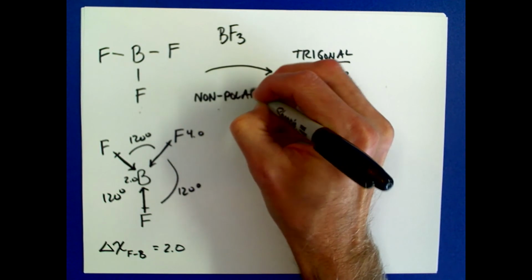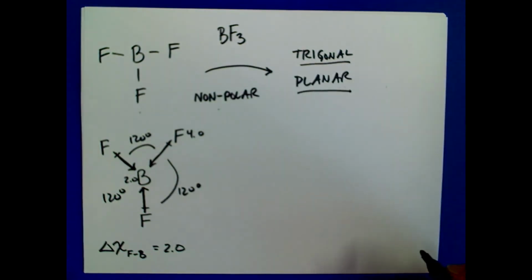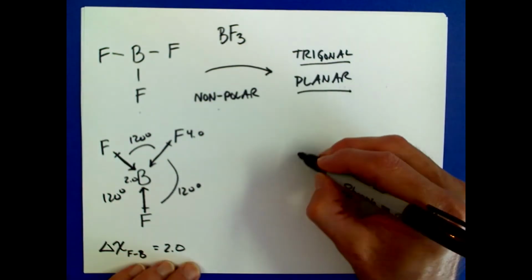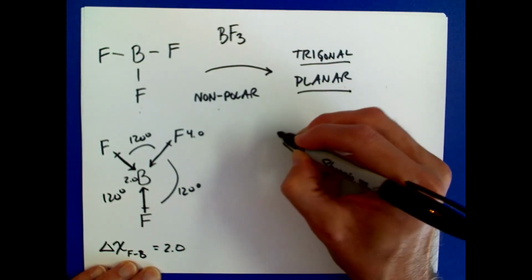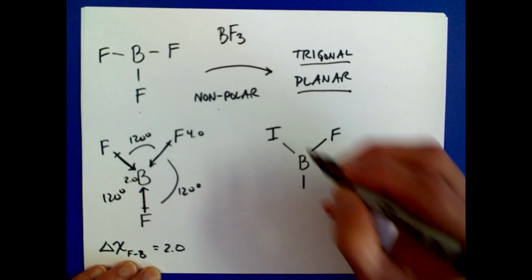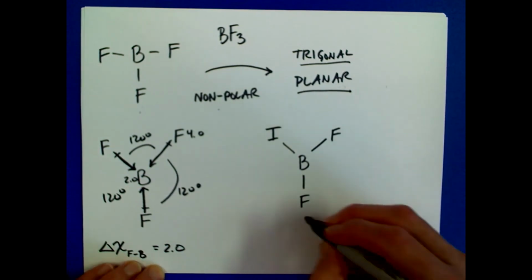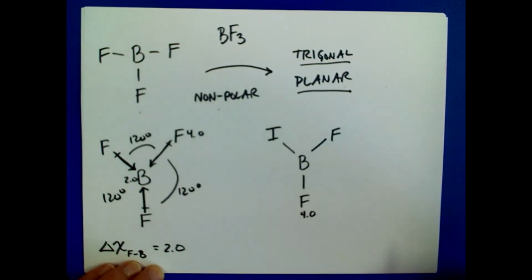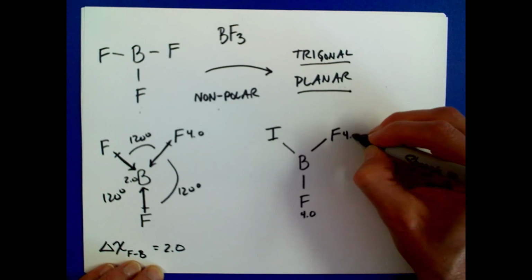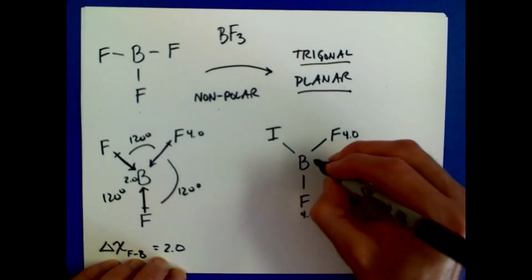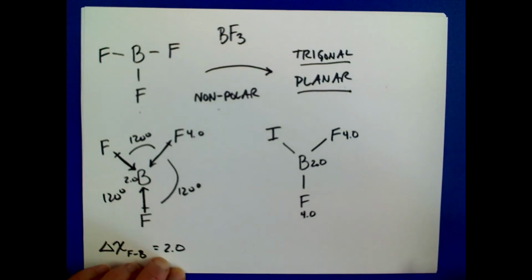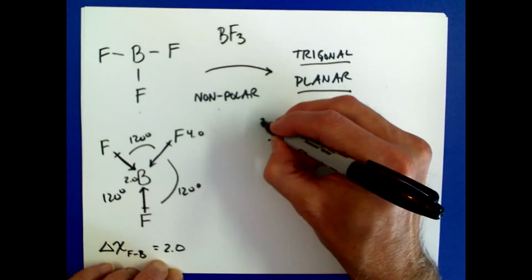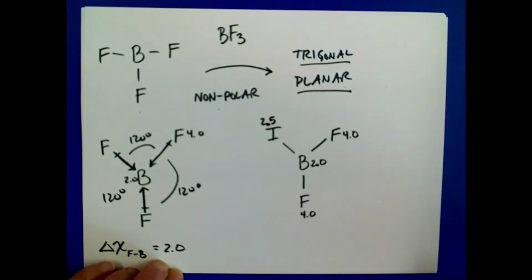However, if we were to do something like this, where we replace one of the fluorines, say, with an iodine, then we've got an electronegativity of 4.0 here, an electronegativity of 4.0 here, an electronegativity of 2.0 for boron, and an electronegativity of 2.5 for iodine.